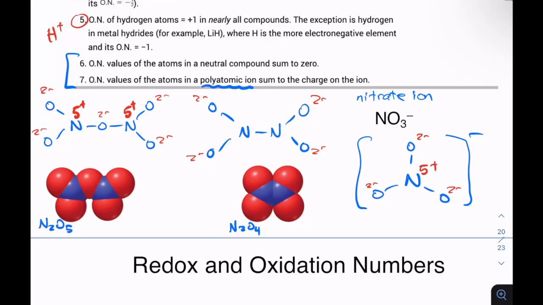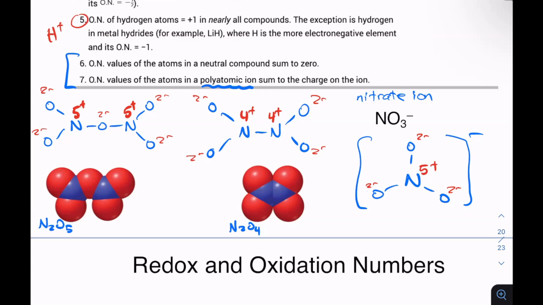But what about N2O4? What's the oxidation number on nitrogen in N2O4? It's 4+, right? It's the same process, because now the negative charges total up to 8. We have to split that in two. This is a symmetrical molecule. Okay?